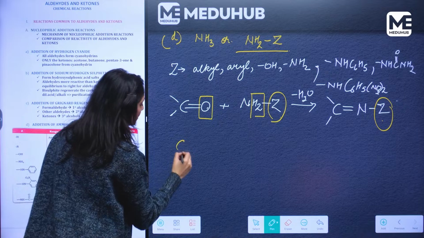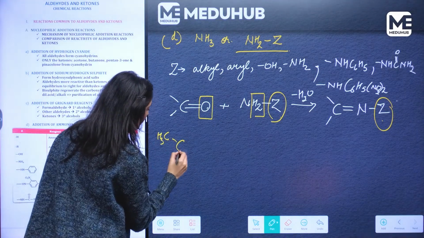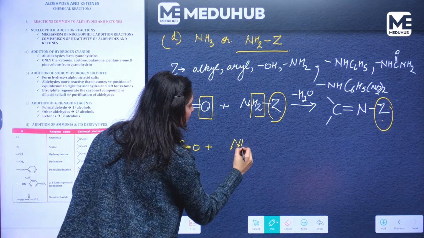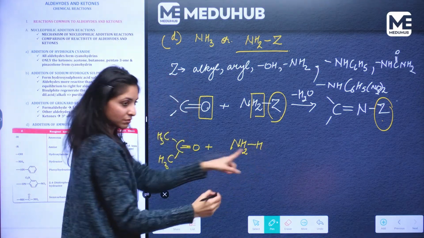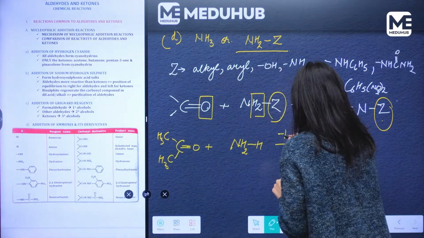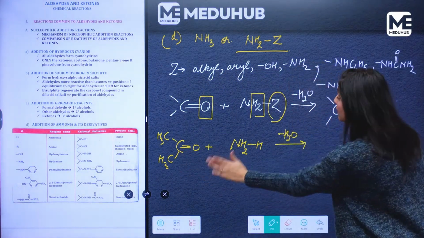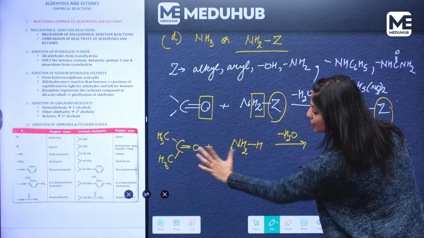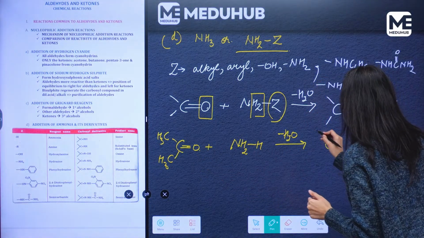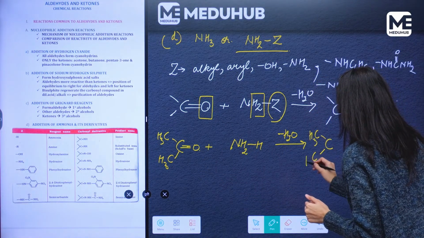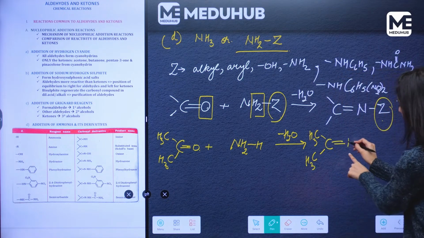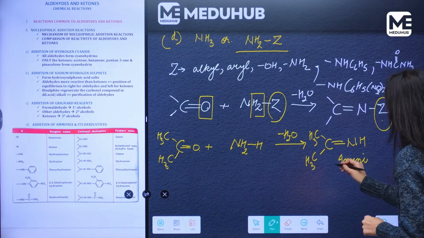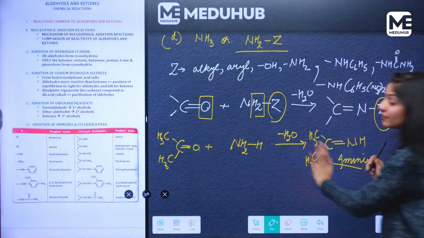So when an aldehyde or a ketone reacts with ammonia, we can write it like this, NH2H. This will react together and a water molecule would be lost. So these 2 hydrogens, this oxygen will go and we will form an imine, double bond NH. So ammonia on reaction with a carbonyl compound gives imine.